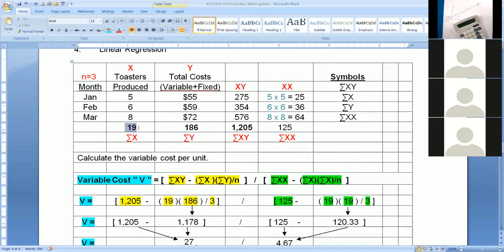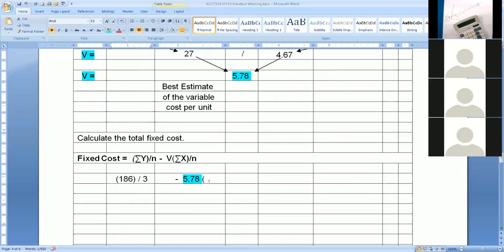Sum of the x is 19, divided by 3. Yeah, so let me change it.